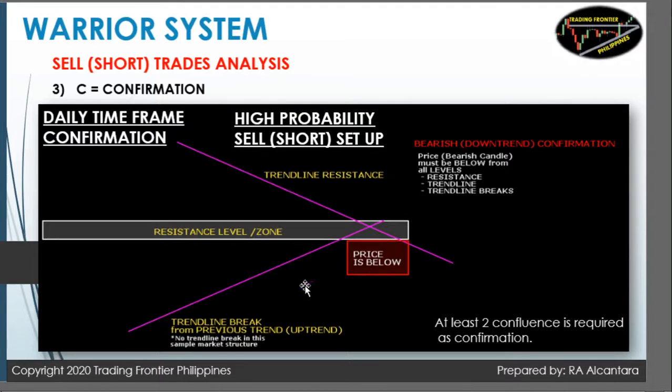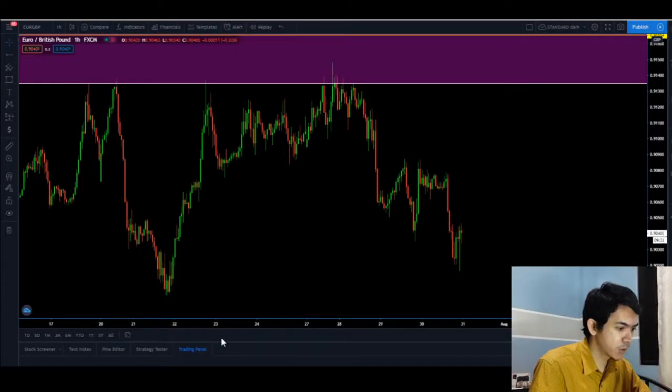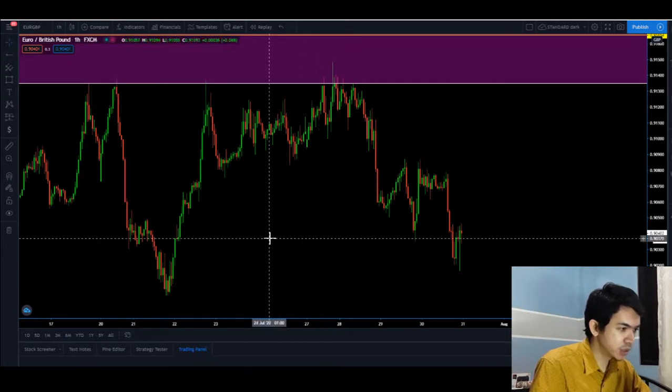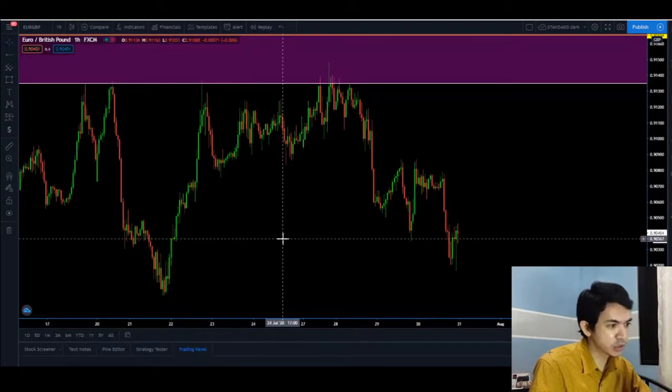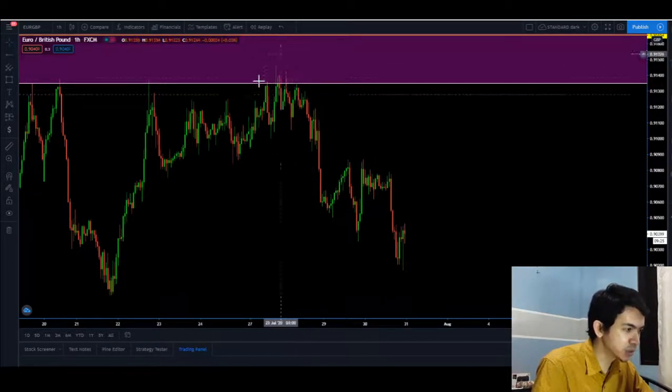So how can we relate that to our setup now, to the current price or to the recent trade that I took last week? Back to the charts. All right, so again, utilizing the TFP war system using confluences, the price was here back then.